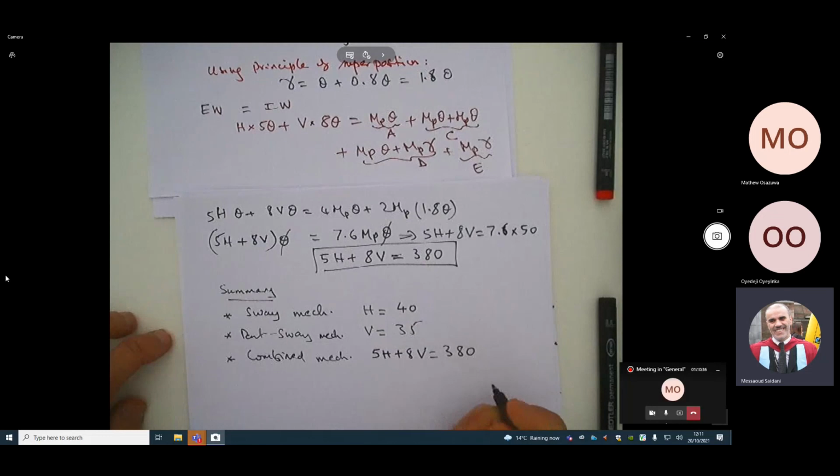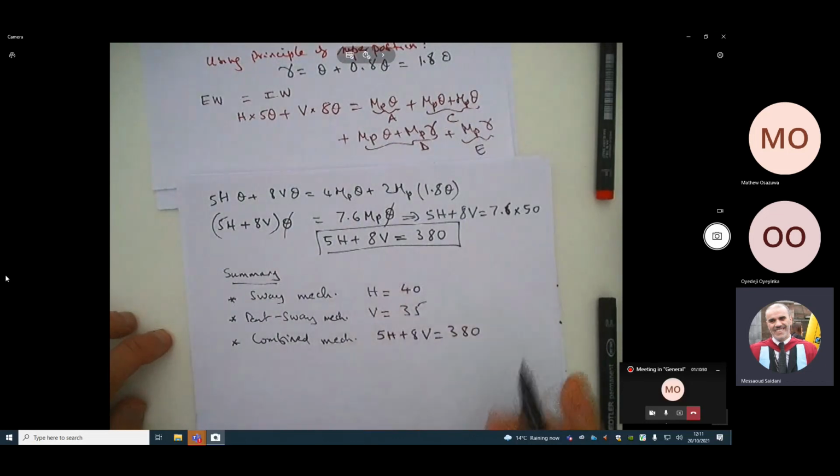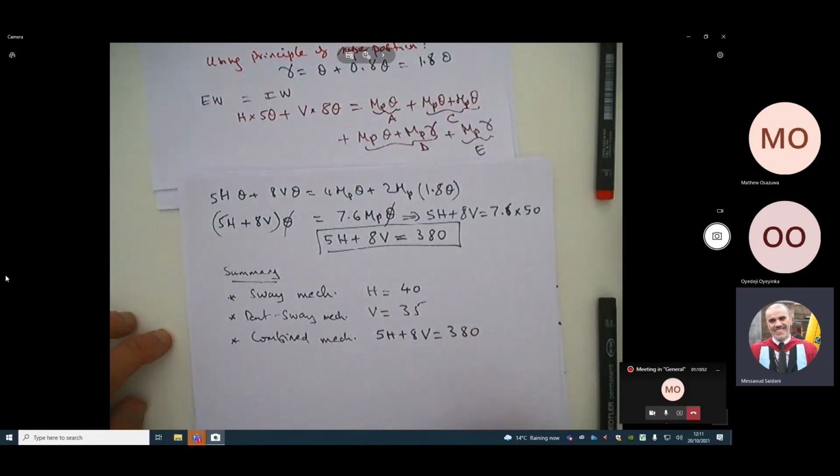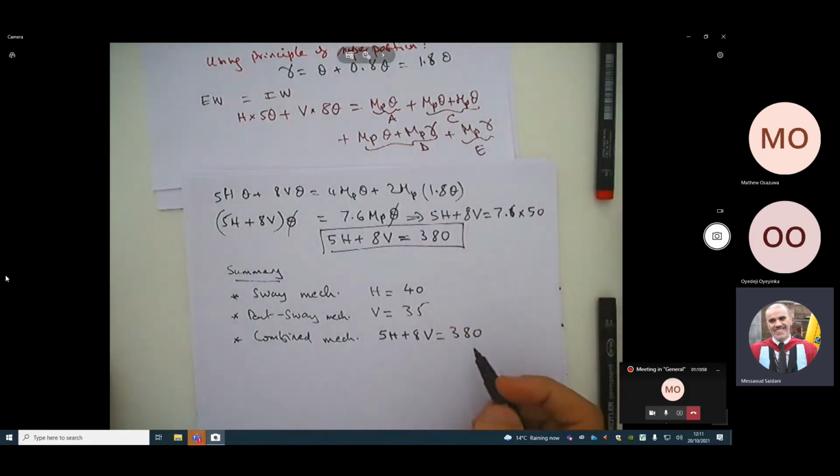So that's 5 times 40 plus 8 times 35. They've put in the values of H and V. Yeah, but it's 380. If you put in the values of 5H and 8V, then you get 480.